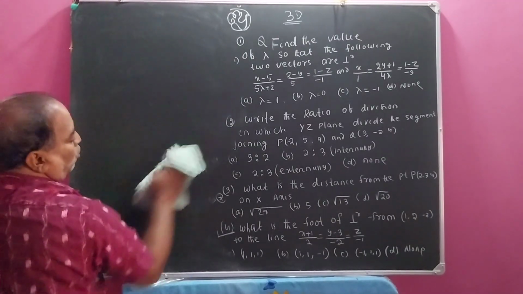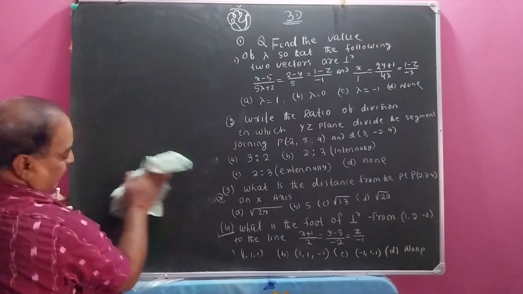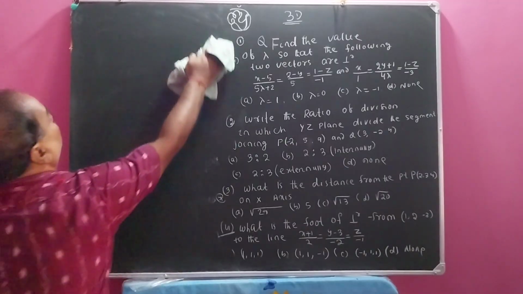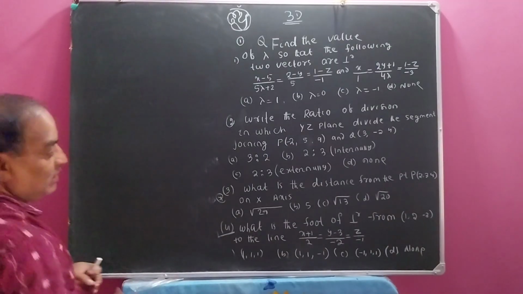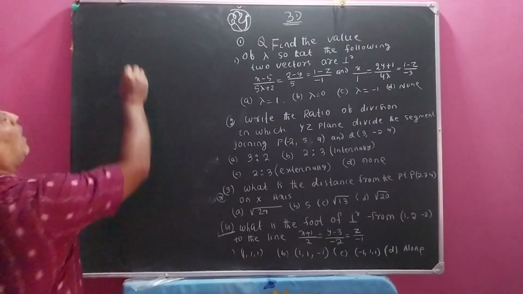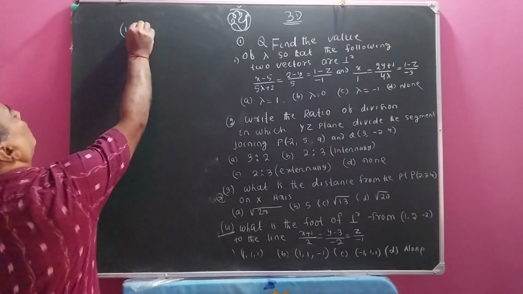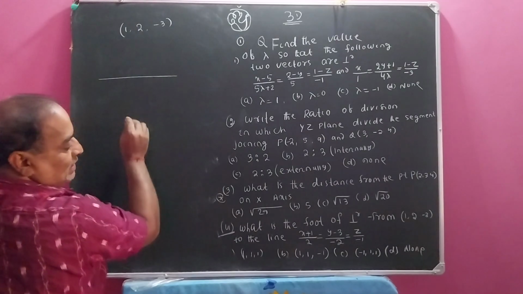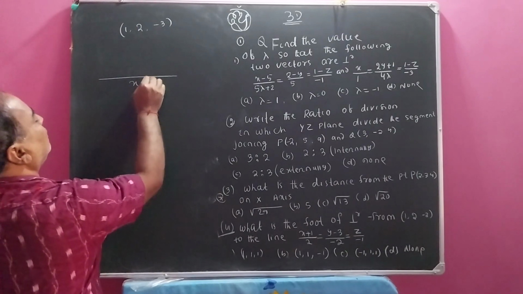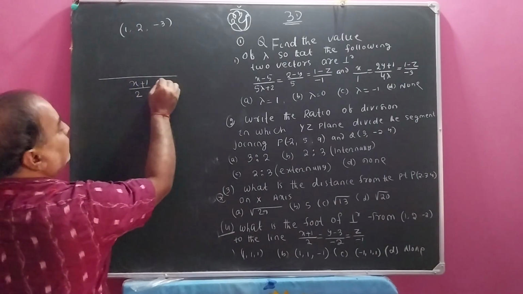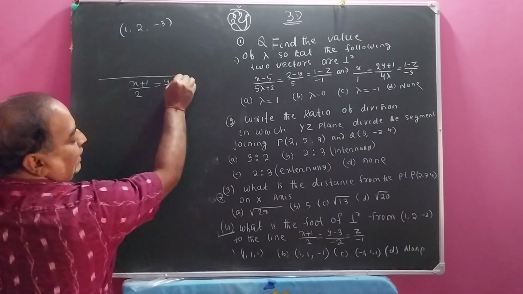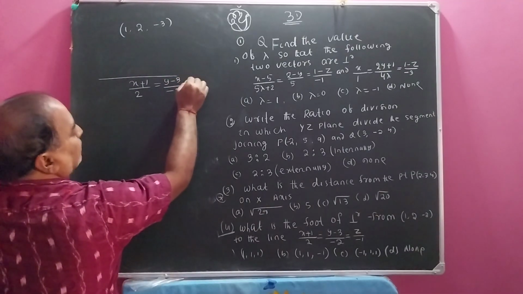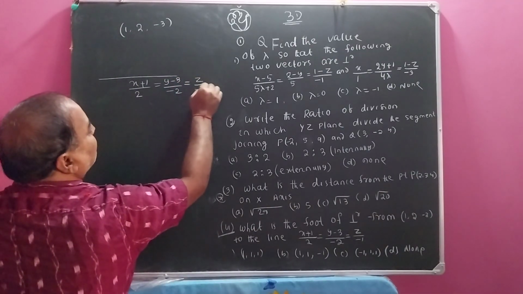So this is also one important question for even 3D. So how can you do it? You have to see. Here it is 1, 2, -3. The line is x plus 1 by 2 is equal to y minus 3 by -2 is equal to z by -1.